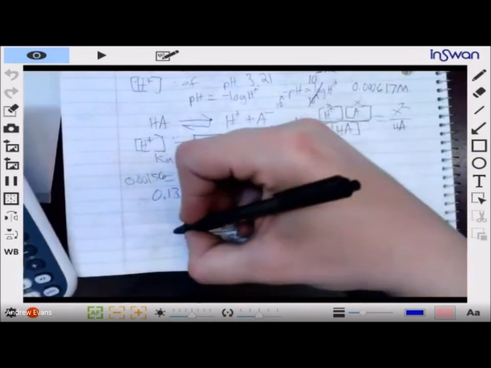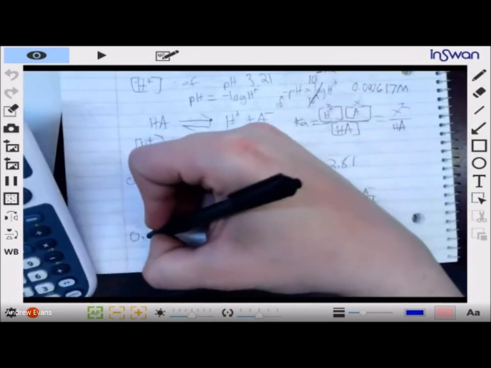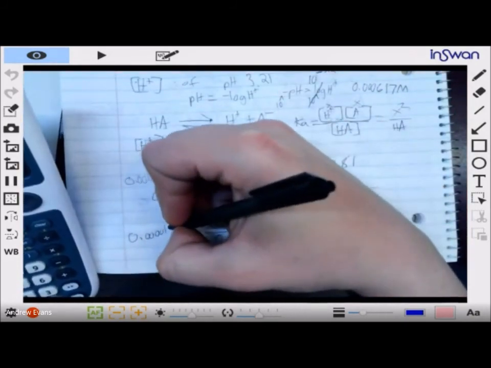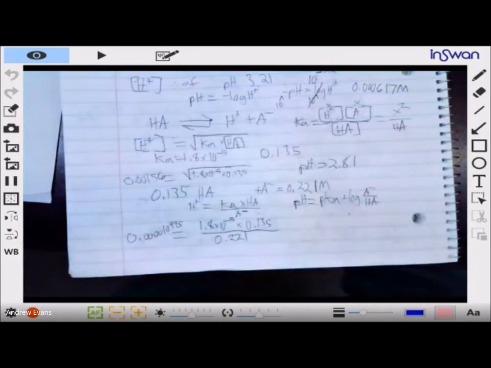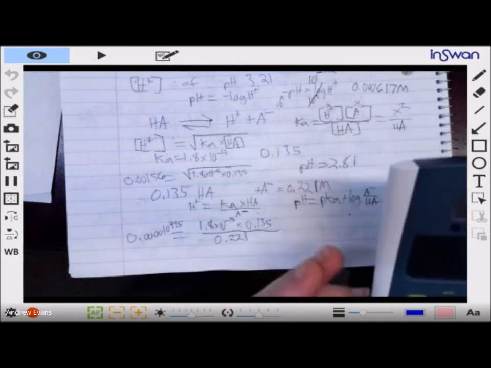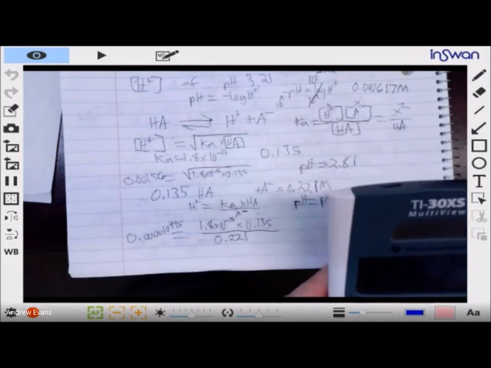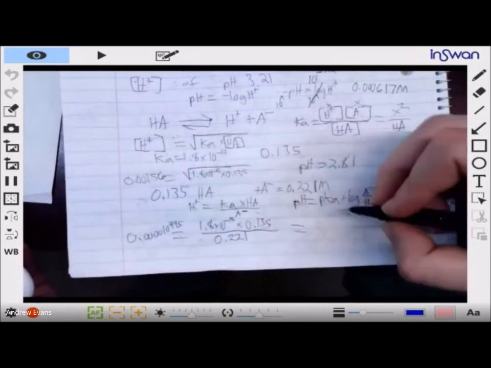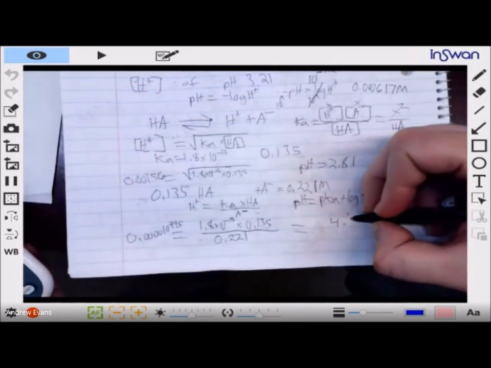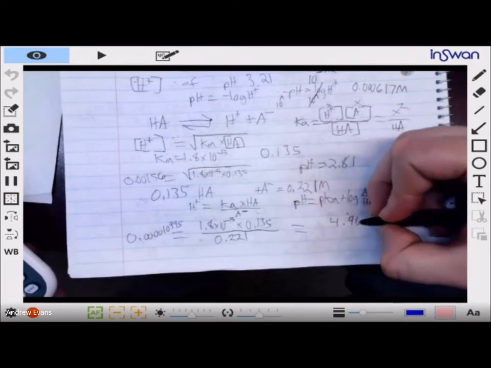You would get a really small number, which is 0.00001095. I don't feel like rounding that. Then taking the negative log of that, you would get the pH. So my buffer would have a pH of 4.96.